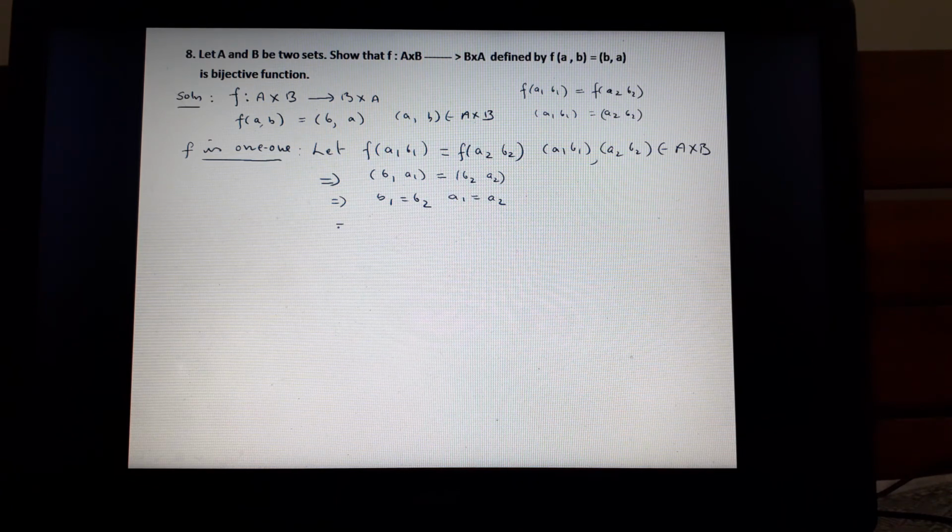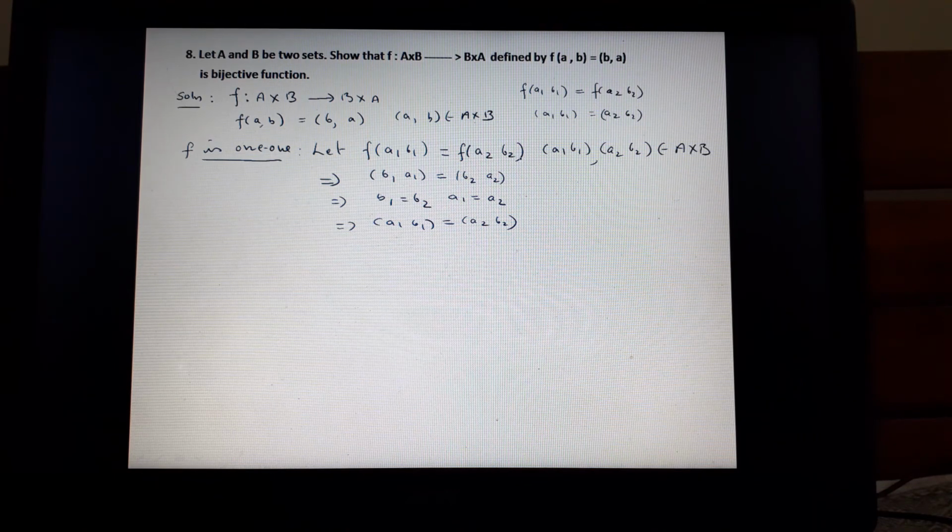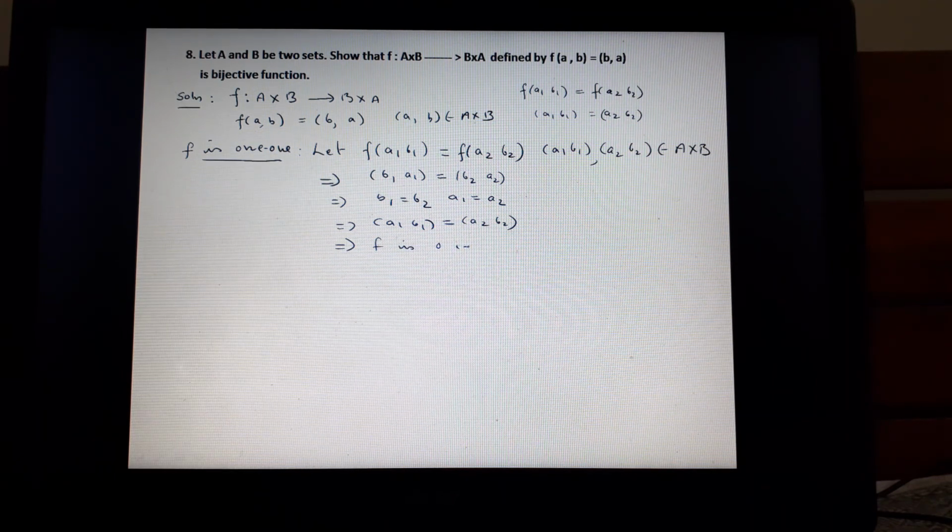So this definitely implies (a1, b1) equal to (a2, b2). Therefore, f of x1 equal to f of x2 implies x1 equal to x2, but in place of x1 and x2 we have ordered pairs. f of (a1, b1) equal to f of (a2, b2) implies (a1, b1) equal to (a2, b2). So this implies f is 1-1.